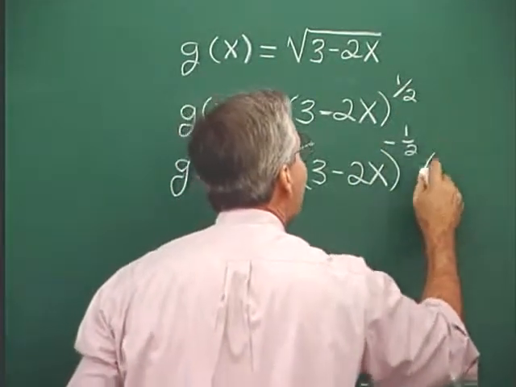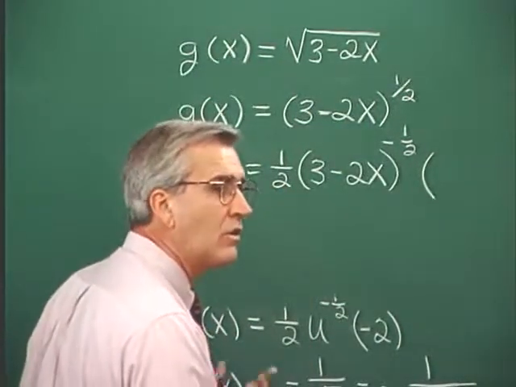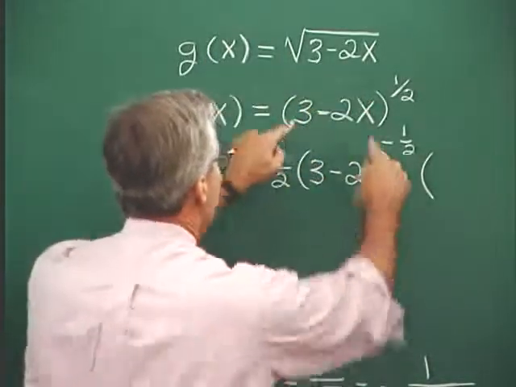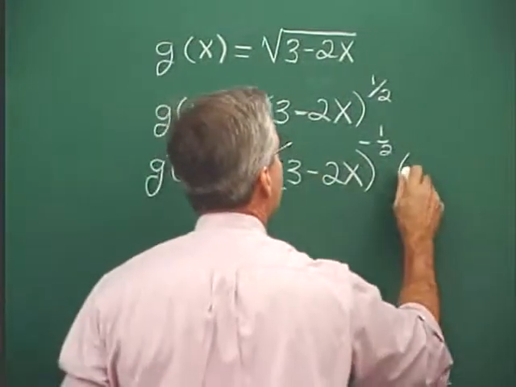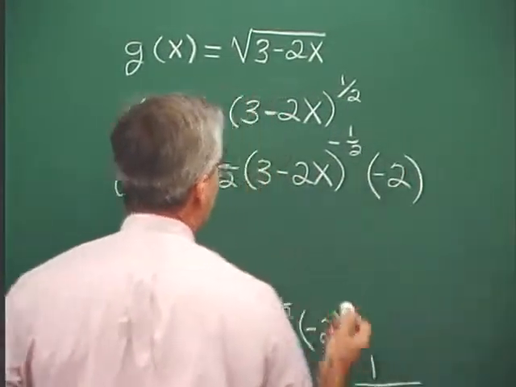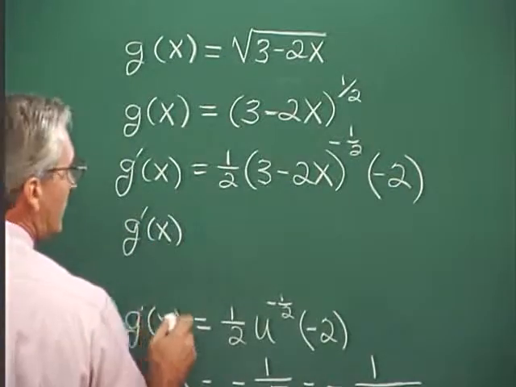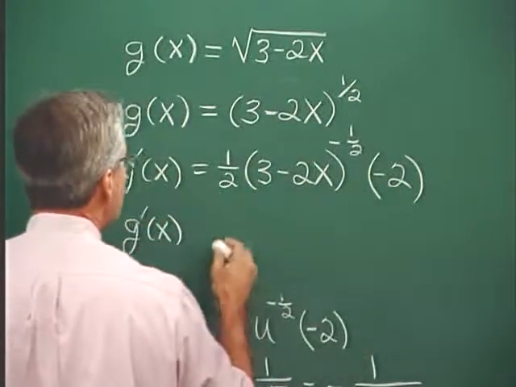Now, multiply that times the derivative of the single entity. You see, that's all you're doing, as though this were a single letter, and then take the derivative of that which was replaced by the single letter. So we have negative 2 here. And then cleaning up, we're done. This kicks down into the denominator. The 1/2 times the negative 2 is negative 1.